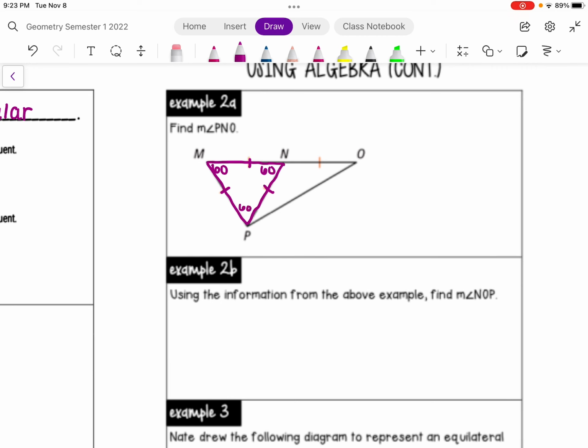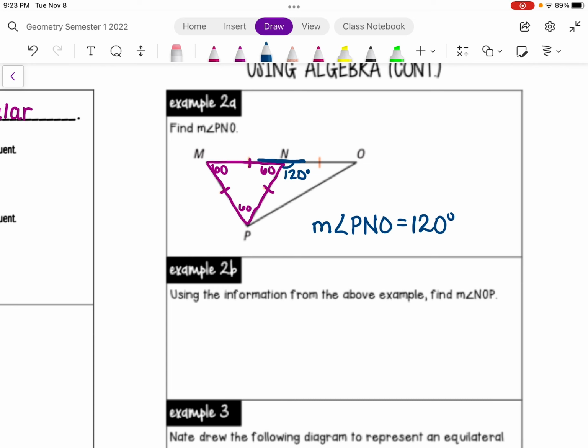I also know that this part right here makes a straight line. So if I have 60 degrees there, I must have 120 degrees there. So the measure of angle POQ is 120 degrees. Okay.